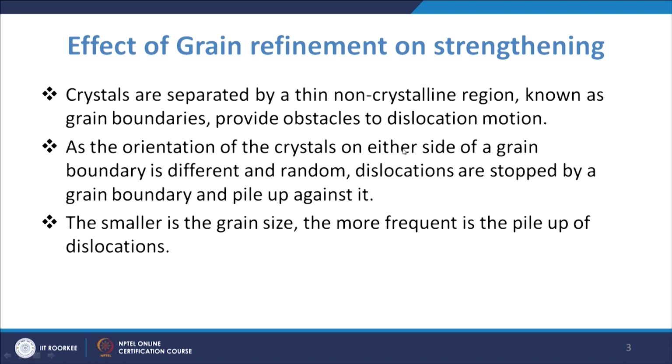The orientation of the crystals on either side of the grain boundary is different and random, and the dislocations are stopped by the grain boundary and piled up against it. That is shown in the TEM micrograph, where you can see how they are piled up against those boundaries on both sides of the boundary.